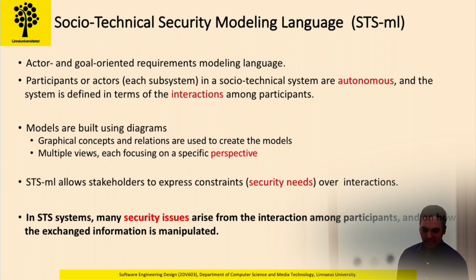In STS systems, as in the previous example, for each interaction, or for the organization or process as a whole, there will be many security issues, and we should be aware of them and express them as security needs. In the end, as a developer or tester, we should consider those security issues and test them in the later development phases.